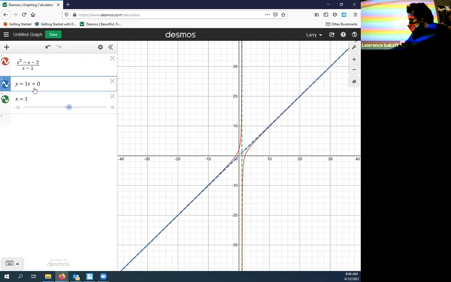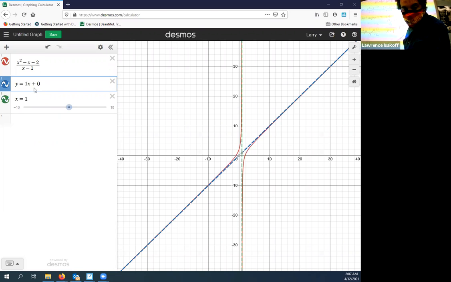But outside of that, it wants to conform to this slant asymptote of y equals 1x plus 0. So once we get away from where we divide by 0, the graph really wants to try and be this equation here, hence why it's right along that slant asymptote.